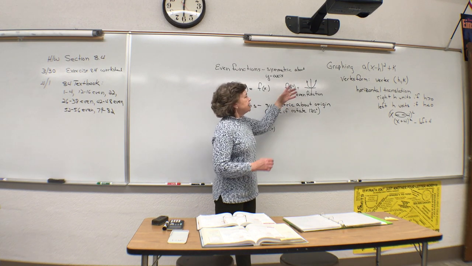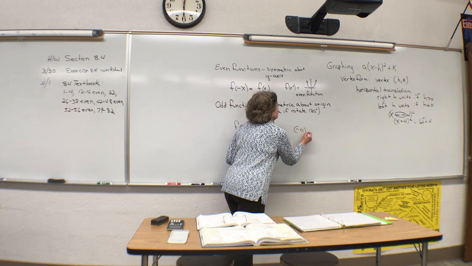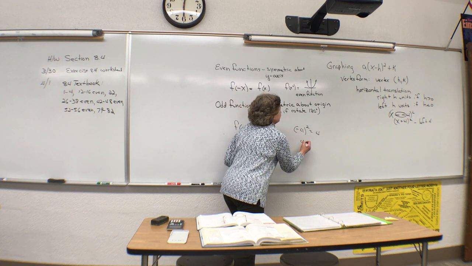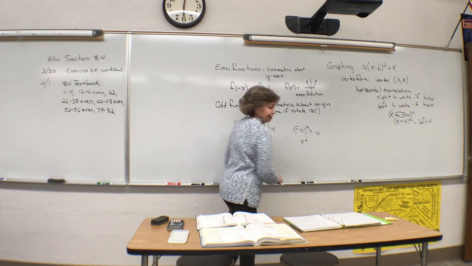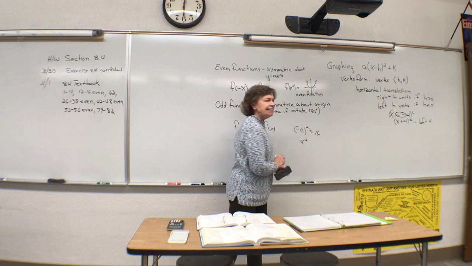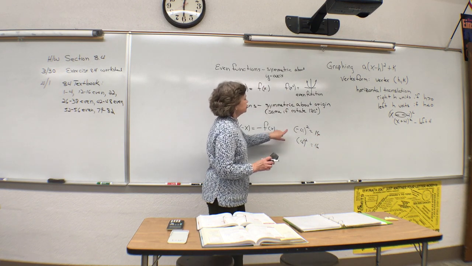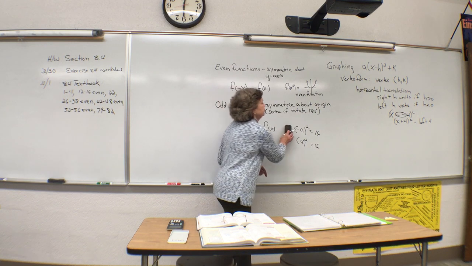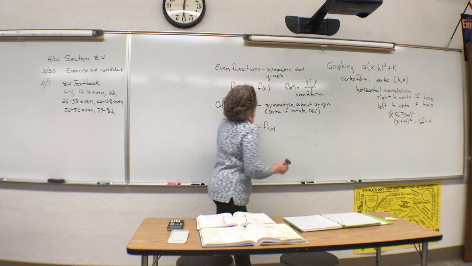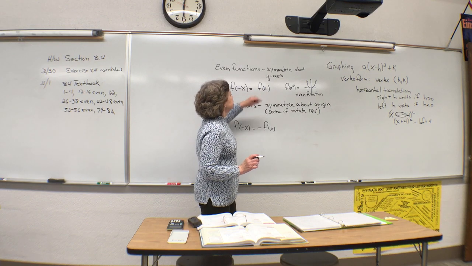If I put in negative 4 and square it, that's 16. If I put in a positive 4 and square it, that's also 16. This would be f of negative x equal to what I started with, and that would be the algebraic test for an even function.